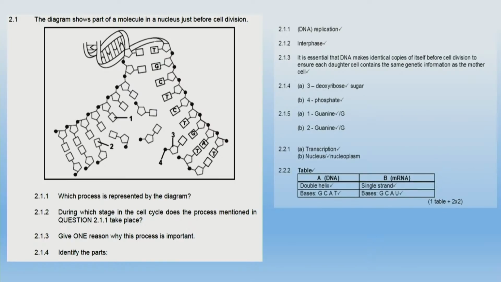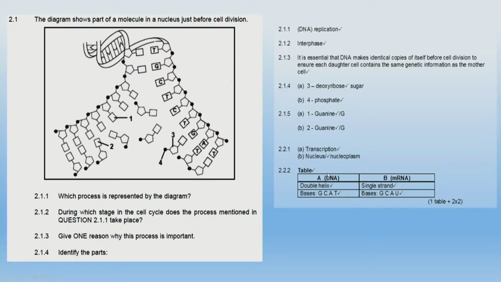All right, so again, give one reason why this process is important. To emphasize on this one, I find many times when I'm marking that learners get confused about the importance of replication and the importance of meiosis. They get confused with those two. So stipulate the importance of DNA replication and then the importance of meiosis, the process of meiosis.